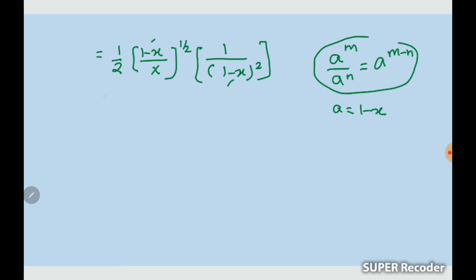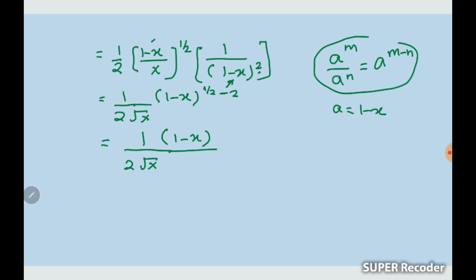Okay, so now I simplified to get 1 over 2 times the square root of x, because we have 1 over x to the power of half. Then the numerator is (1 minus x) to the power of half minus 2. You will get 3 over 2, and don't forget the negative in front.